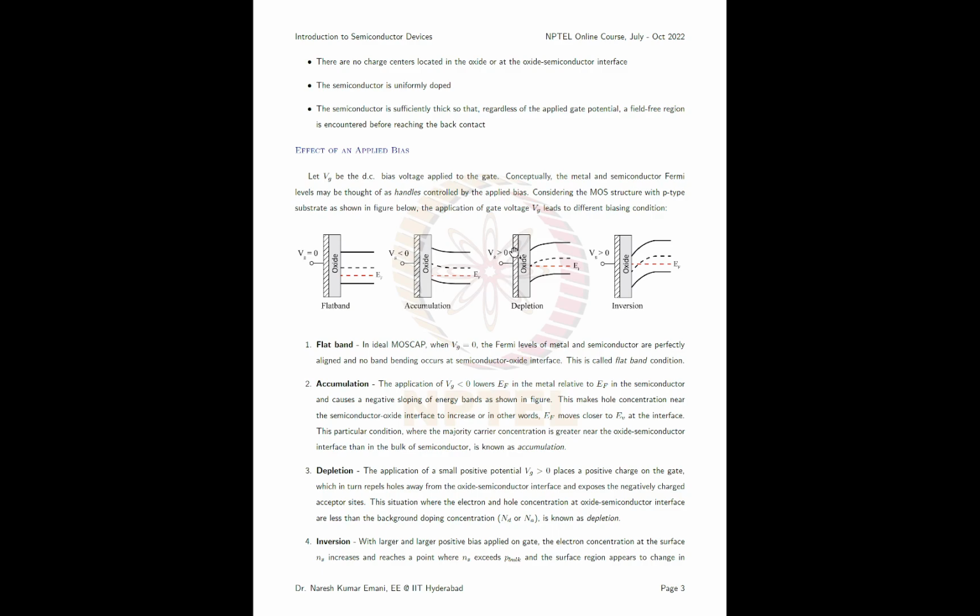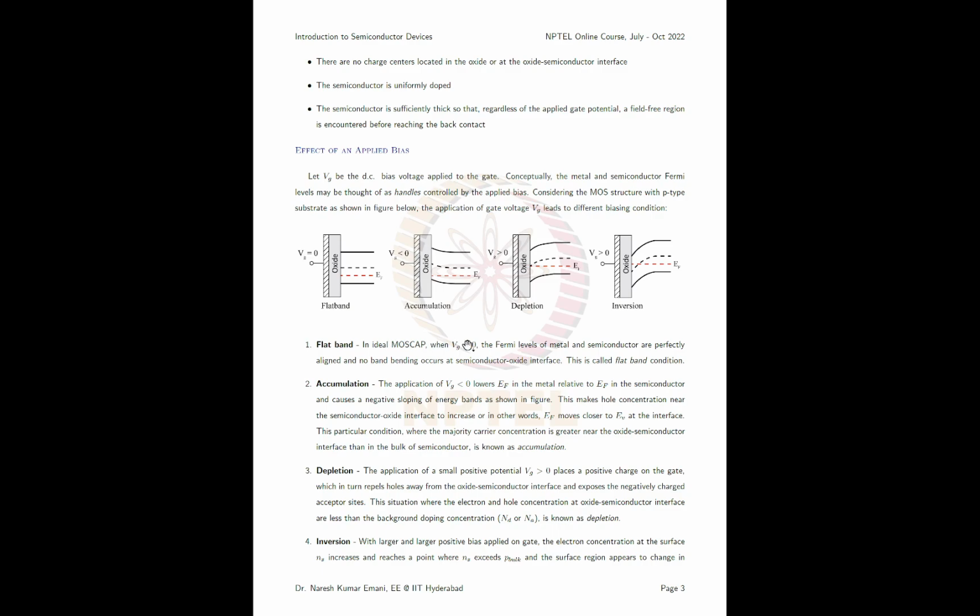If you apply a positive VG, you have negative charges on the surface, which causes a depletion region. And if you go further positive, your Fermi level crosses into the n-type region, so that electrons become the majority carriers at the surface, and this is called the inversion region.